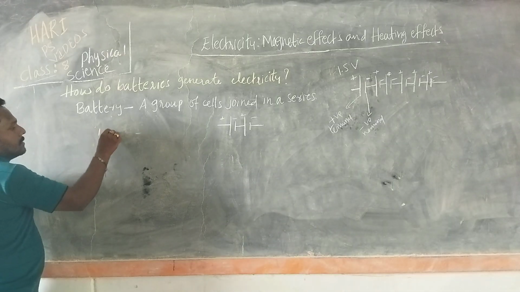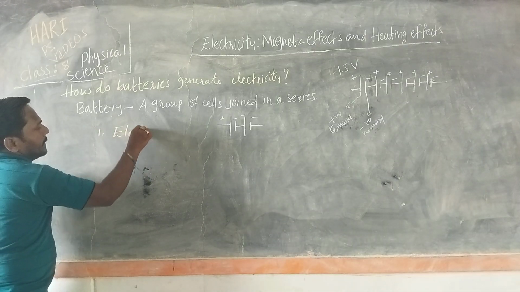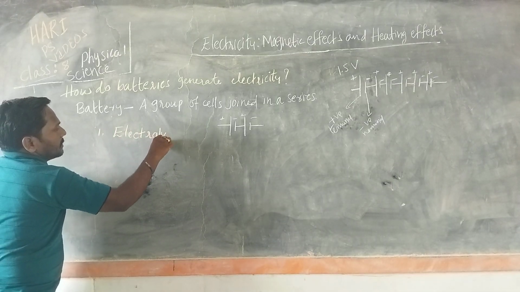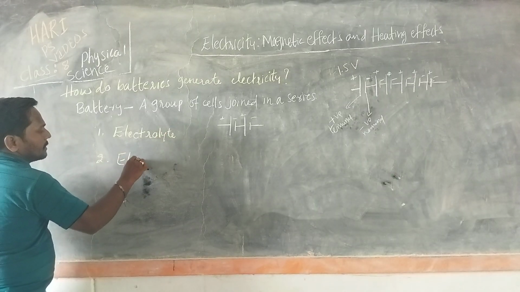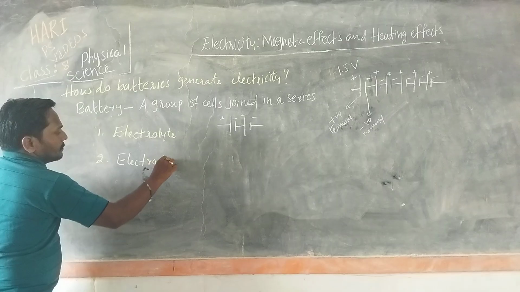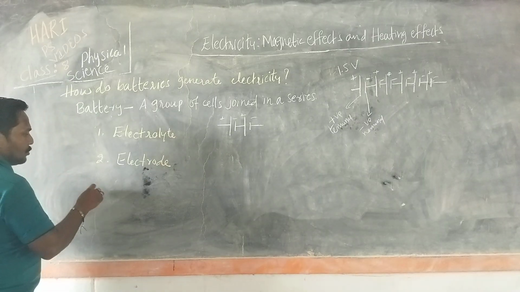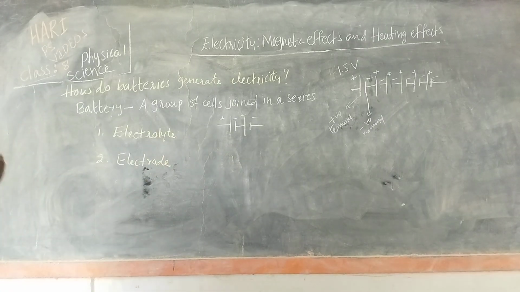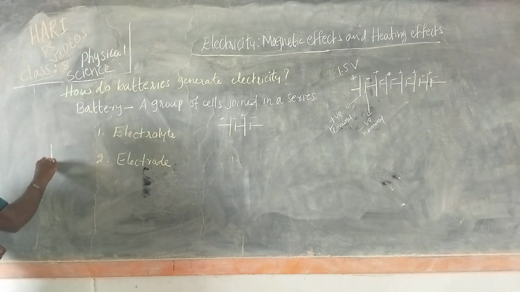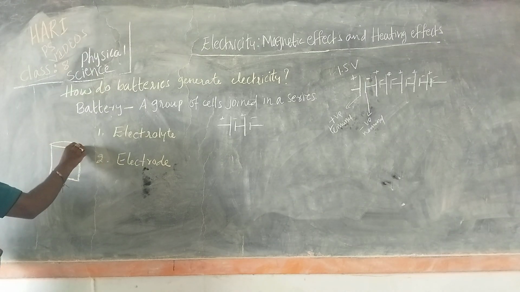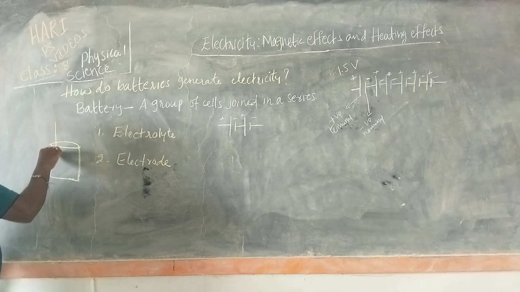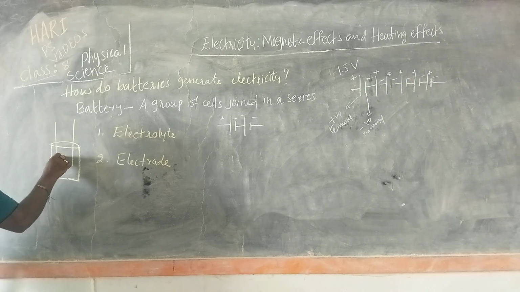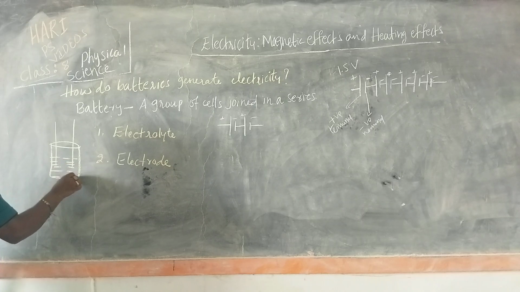The first one is electrolyte. Then the second one is electrode. These are the main. So for example, if it is considered a Volta cell, or also called a galvanic cell, this galvanic cell or Volta cell contains three parts.